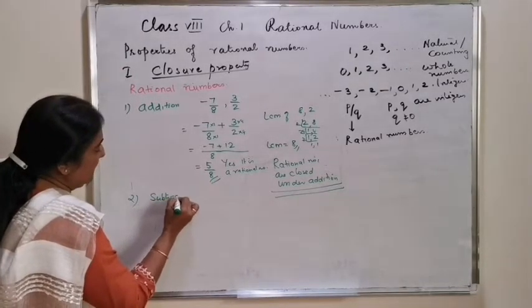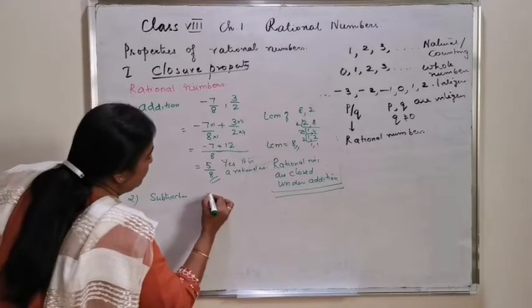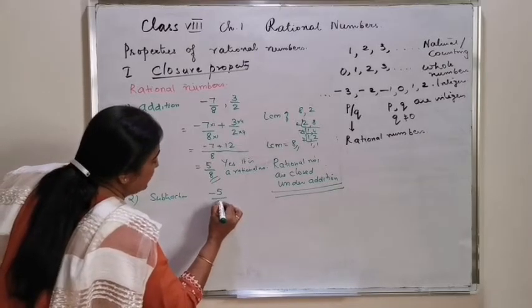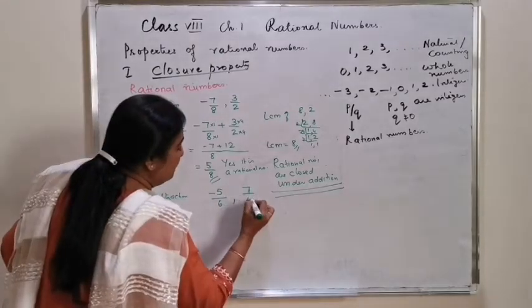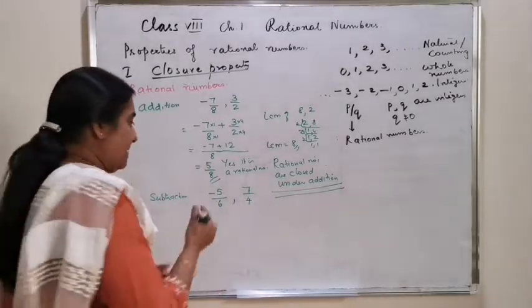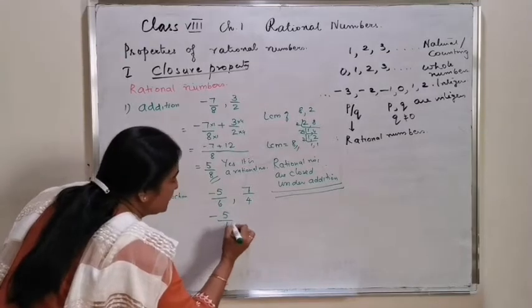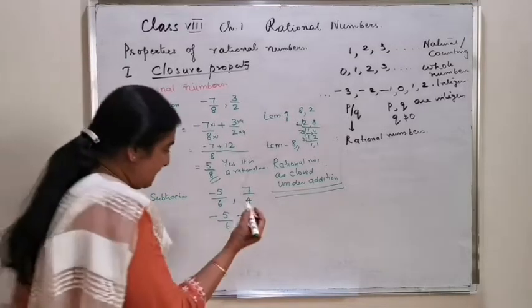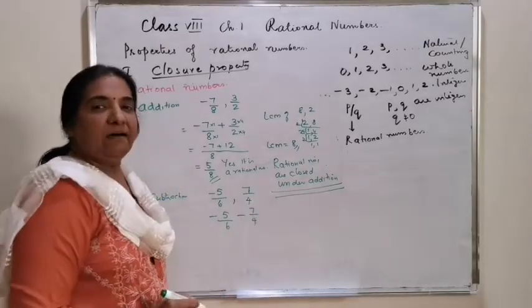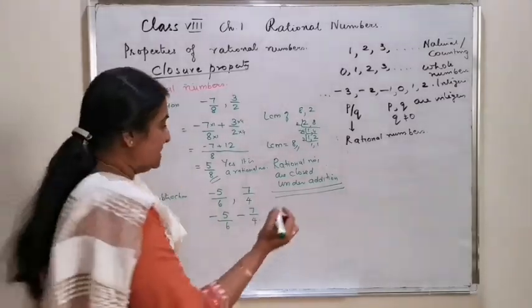Subtraction, as in minus 5 by 6 minus 7 by 4. The same way, 4 and 6 are unlike denominators.